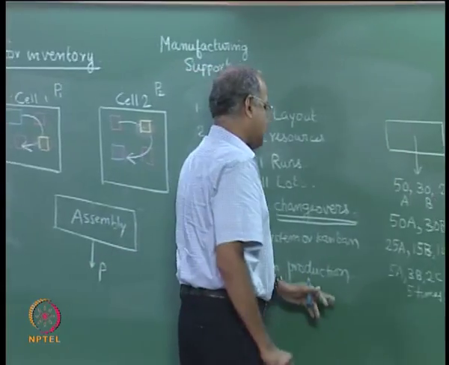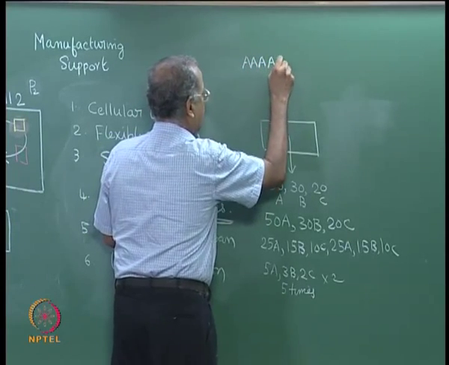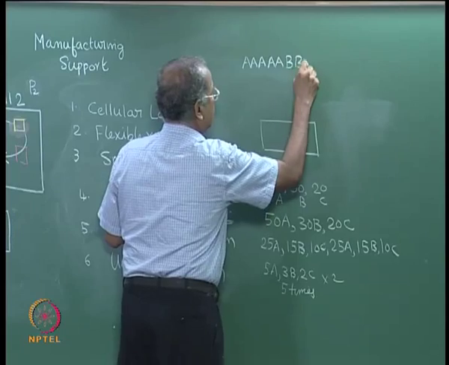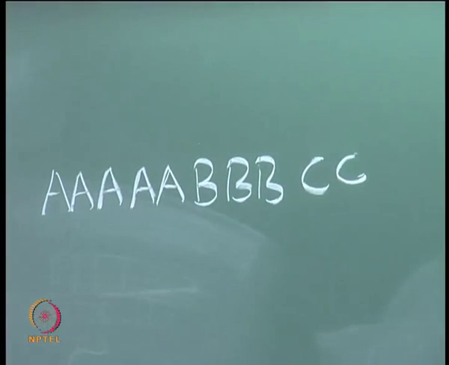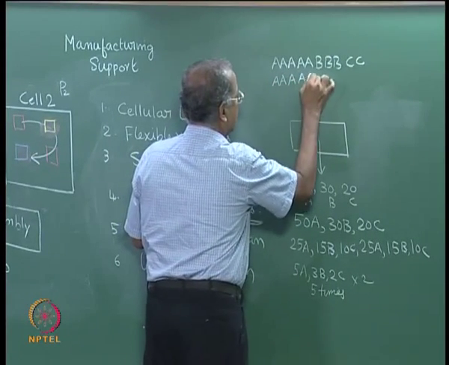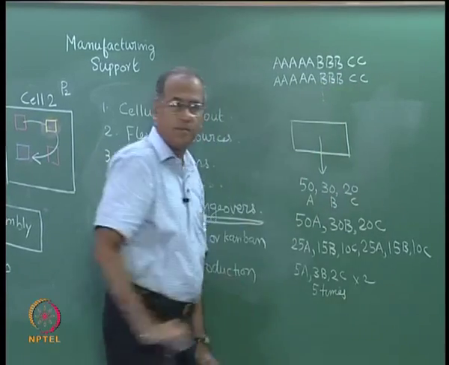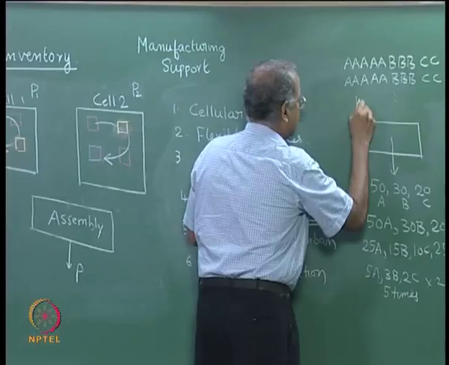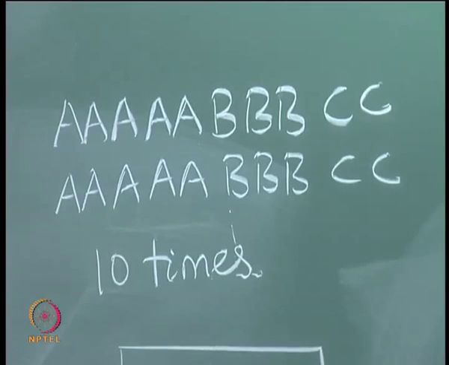So, I could do something like A, B, C, 10 times, again followed by A, B, C, etc., and I could do this 10 times to meet this. So, this would give me something like a uniform production in my system.